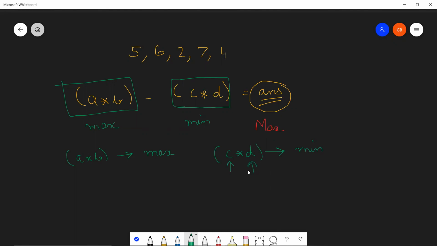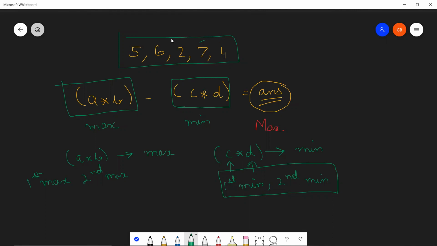Which means that we need to find the first max and second max, and we need to find the first min and second min. We multiply the first min and second min, and we'll get the minimum possible product from this array. Similarly, if we find first max and second max, we'll find the maximum possible product from the array.